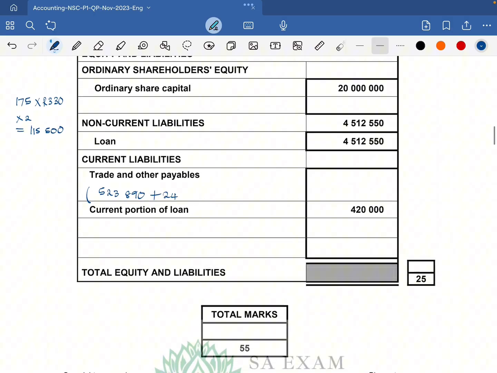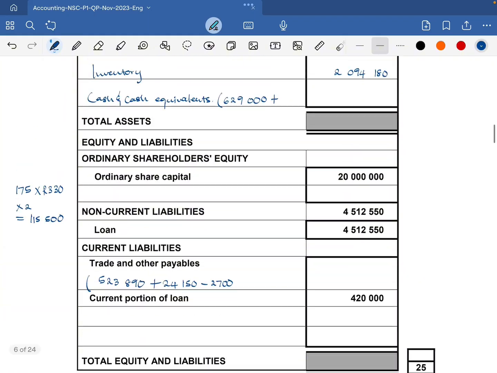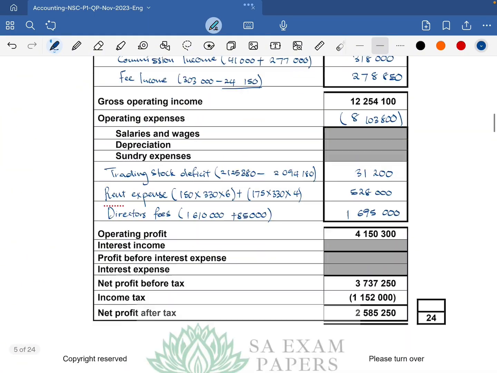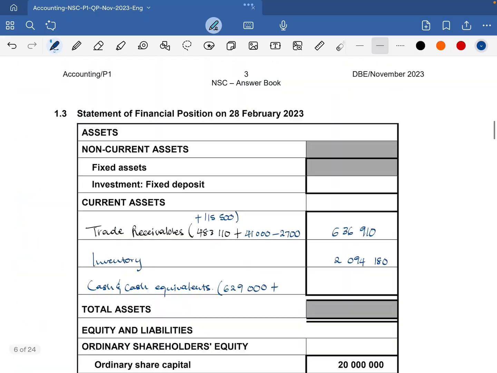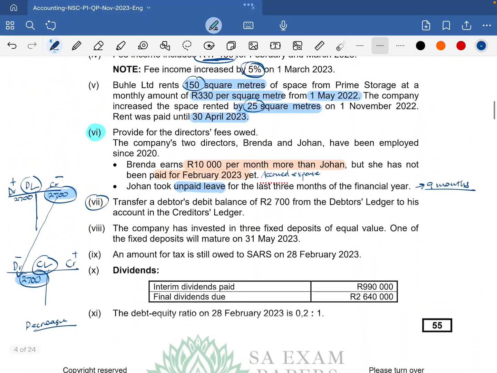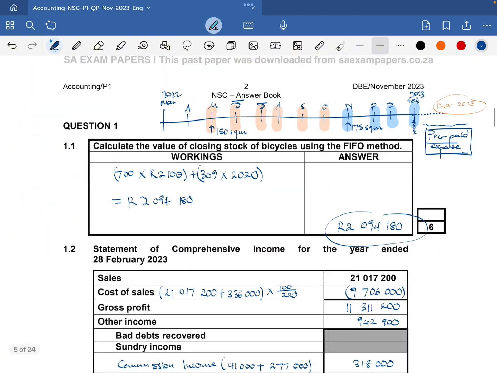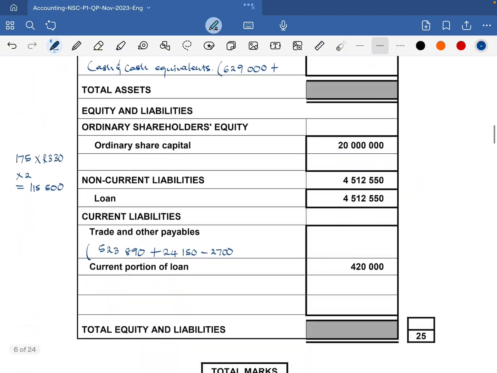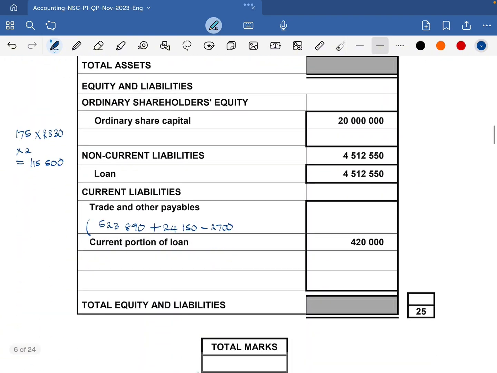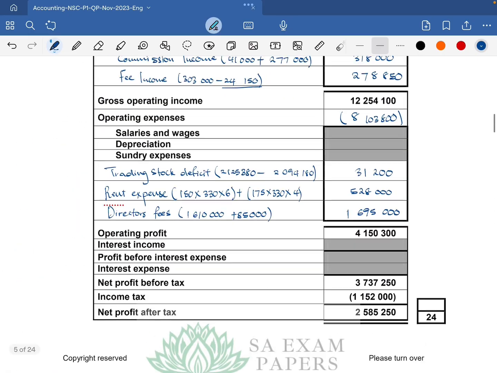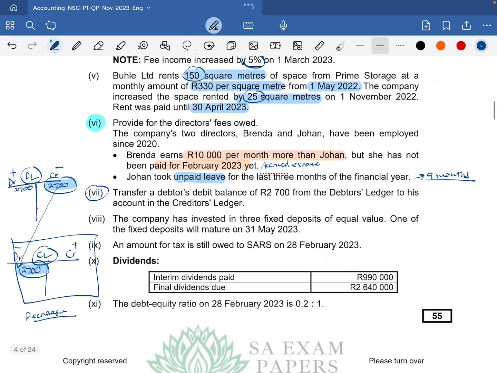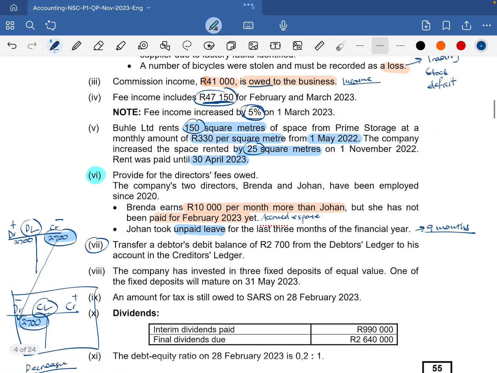So that's 24,150 plus this guy. It's a minus the 2,700. This guy that we no longer owe, from those T accounts. So we're going to subtract 2,700 from our payables, and then we are still going to look at these transactions and see if we haven't left anything out.